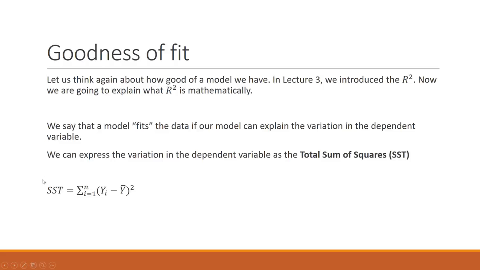Basically, it's the difference between each particular observation and the mean, squared, and then summed up over all the possible observations. This is the total sum of squares, a measurement of the total amount of variation in the dependent variable.